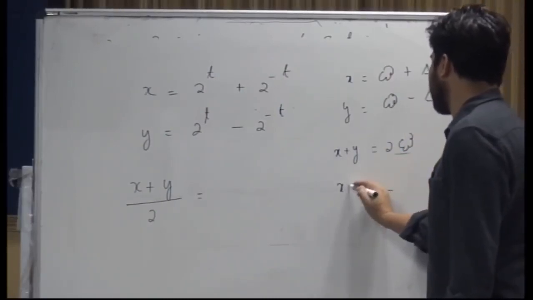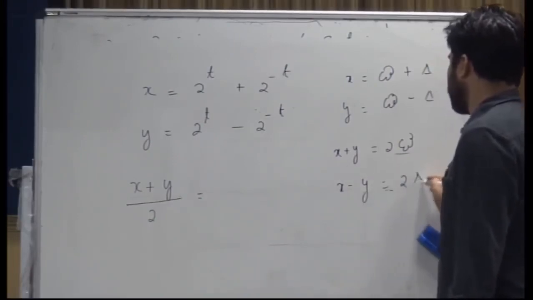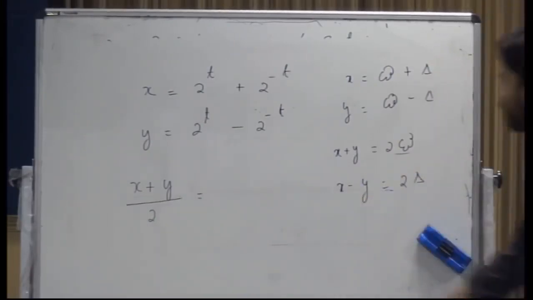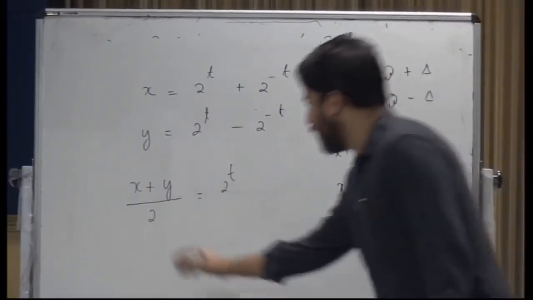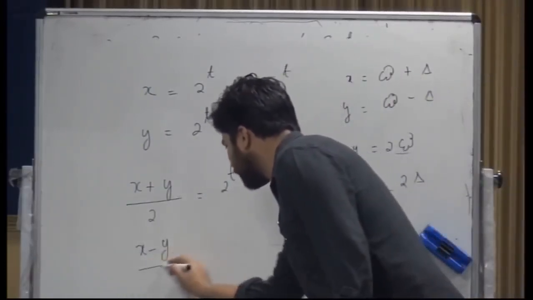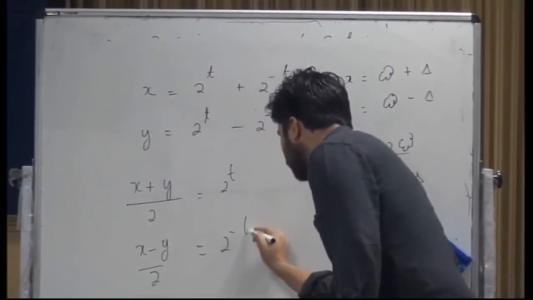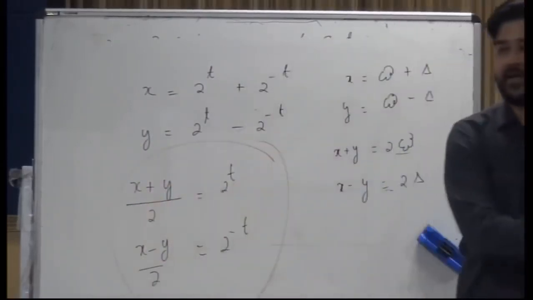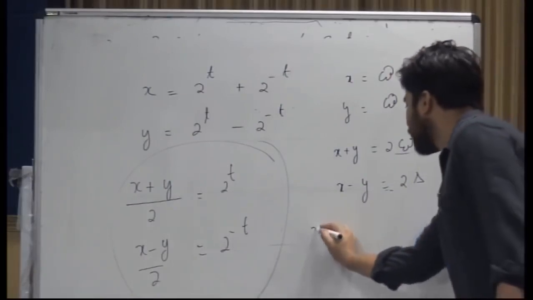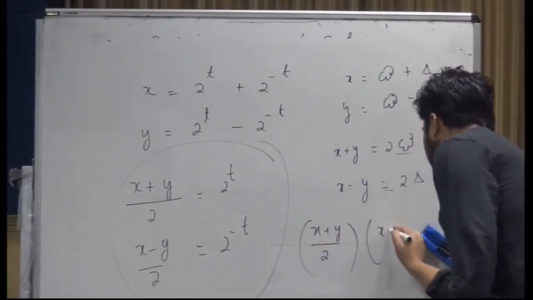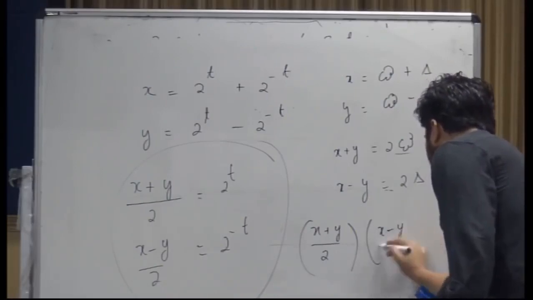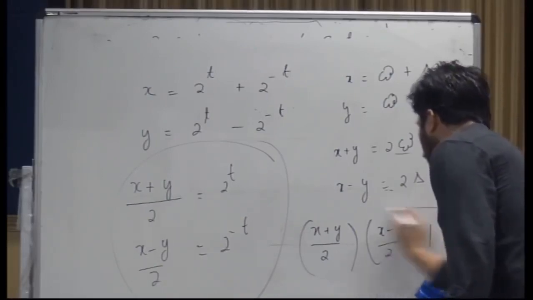And what's going to be x minus y? 2B, right? It's very simple, very symmetric. So you can say (x plus y) by 2 is 2 to the power t, and (x minus y) by 2 is 2 to the power minus t. Now if you multiply them, (x plus y) by 2 into (x minus y) by 2 is 1.